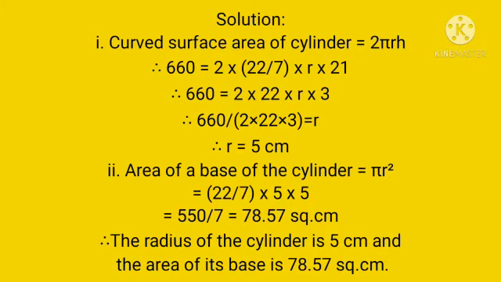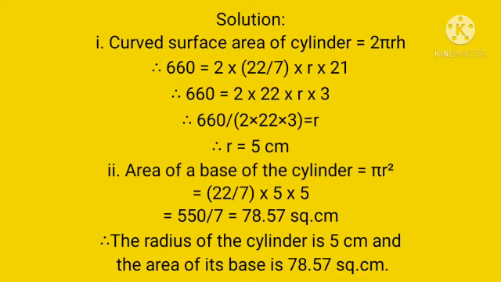So 660 is equal to 2 multiplied by 22 upon 7 multiplied by r multiplied by 21. Therefore, radius r is equal to 660 divided by 2 multiplied by 22 multiplied by 3. Therefore, r is equal to 5 centimeter.